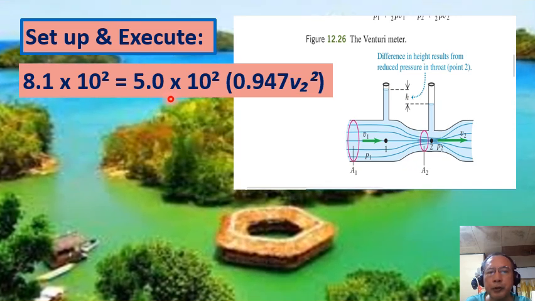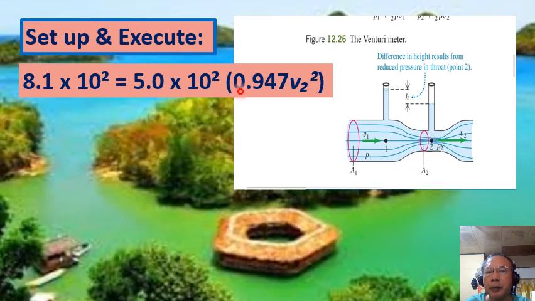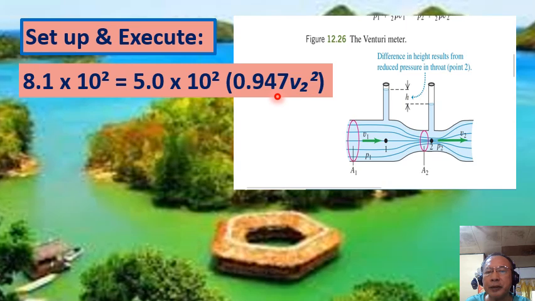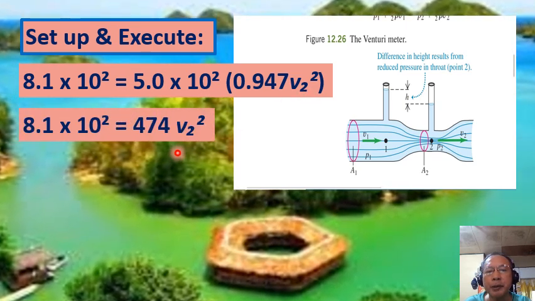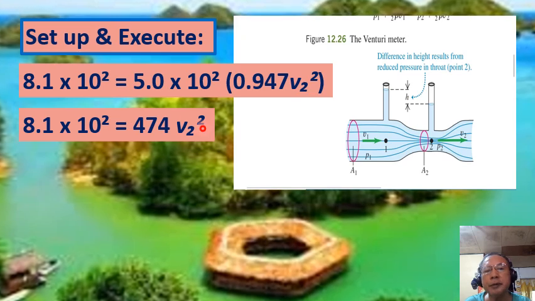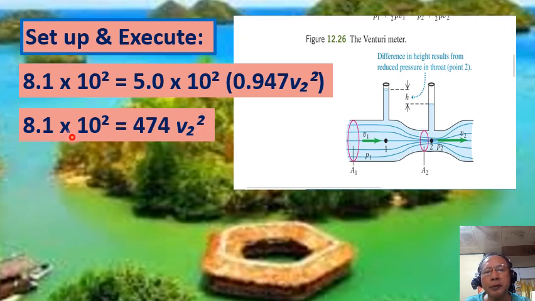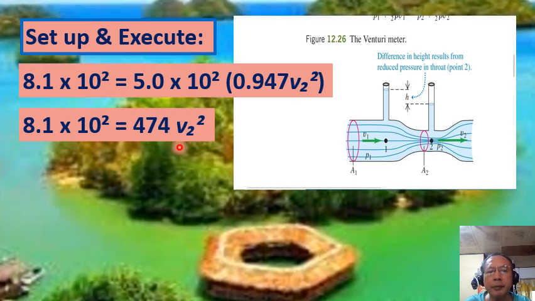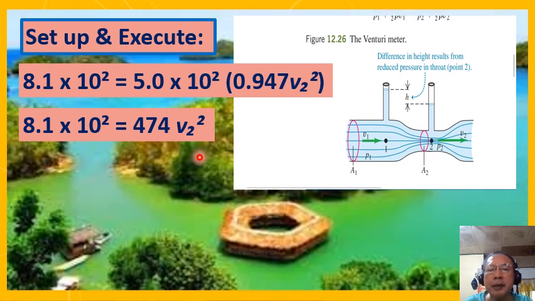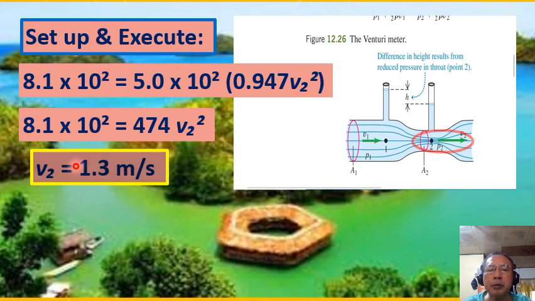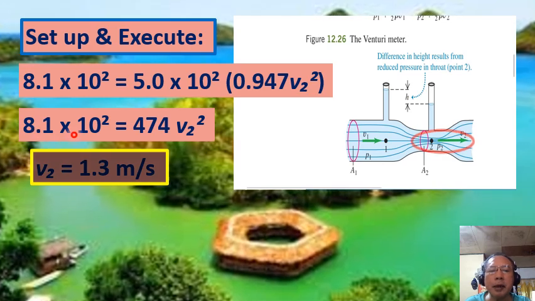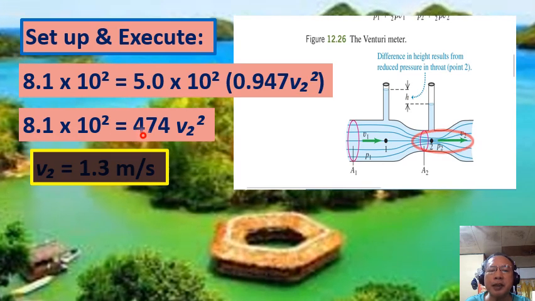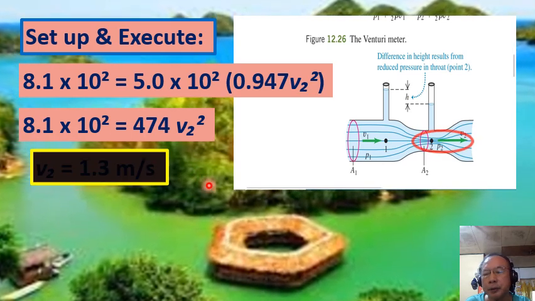So multiplying 5.0 times 10 to the second power by 0.947 V2 squared, we get 474 V2 squared. And that's equal to 8.1 times 10 to the second power. We finally get the value of V2 by dividing 8.1 times 10 to the second power by 474 and getting the square root.